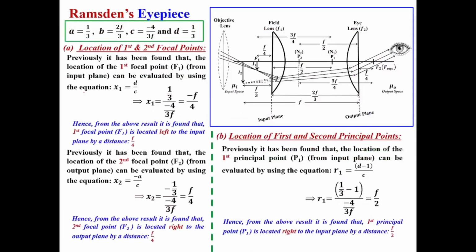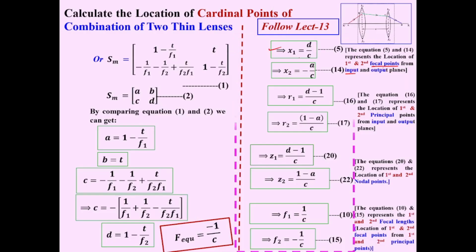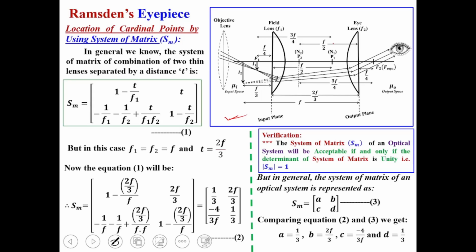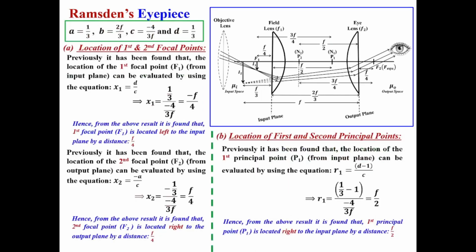The value of d is 1 by 3, and c is minus 4 by 3f. Substituting, we find x1 equal to minus f by 4. So we found the x1 value is negative, and negative means we have to move towards the left.